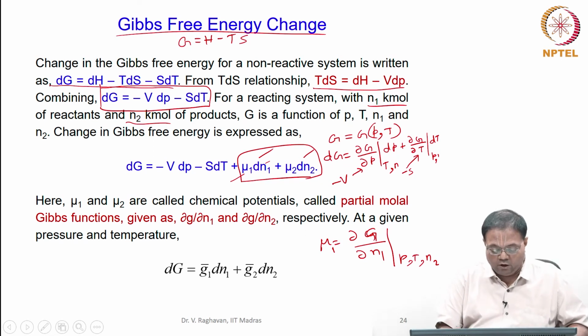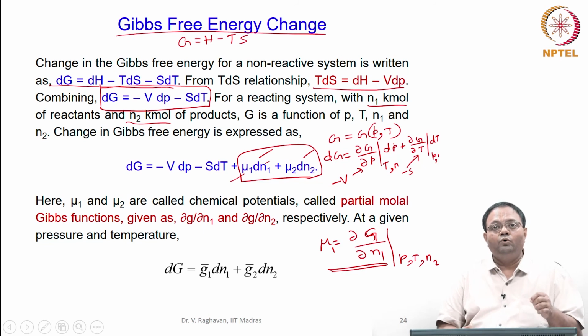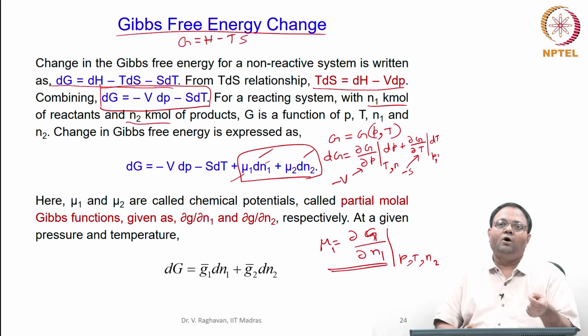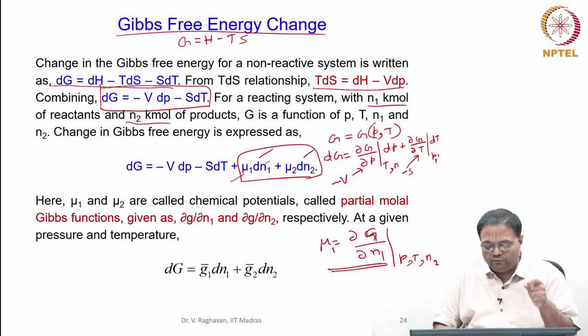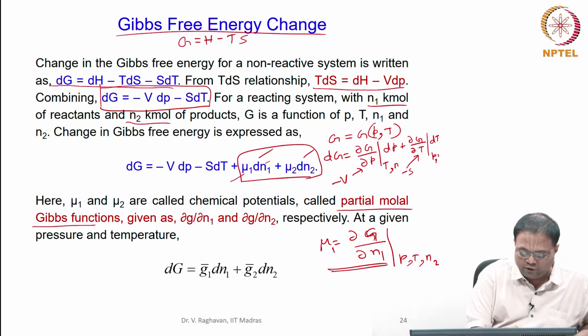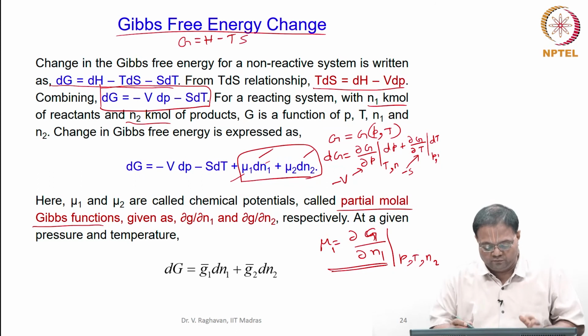So this is called the chemical potential. How the free energy varies with respect to the number of moles of the reactant is the chemical potential, or it is called the partial molal Gibbs function with respect to a particular species, the reactant species for example.